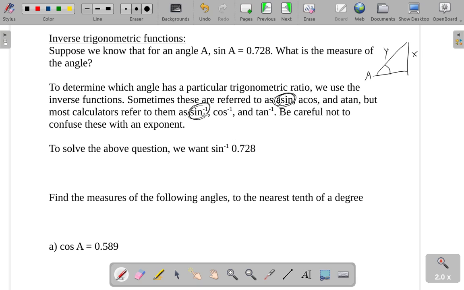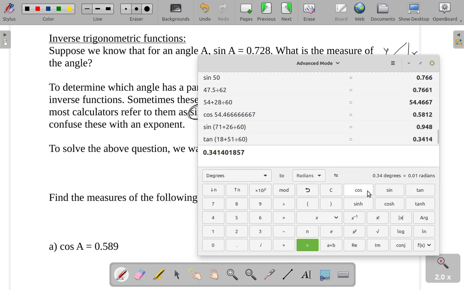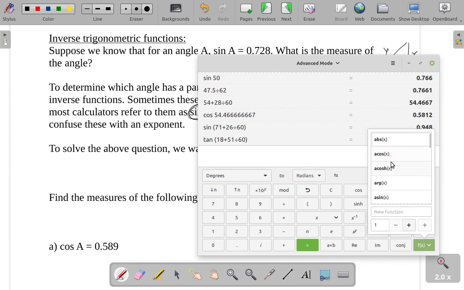On my calculator, let me see how it shows up. You can see it doesn't show up on here at all. Actually, I wonder if this would work. If I did something like this, sine, I doubt it. I don't think this is going to work. Yeah, okay, so that doesn't work. So instead, on this calculator, I need to go into the additional functions, and you can see it's actually arcsine.